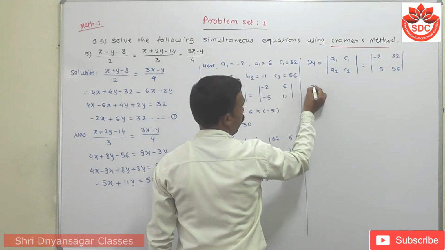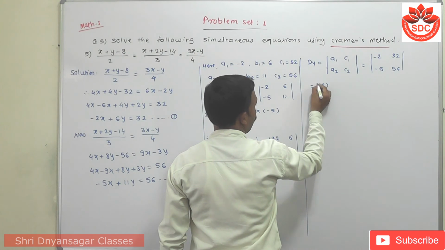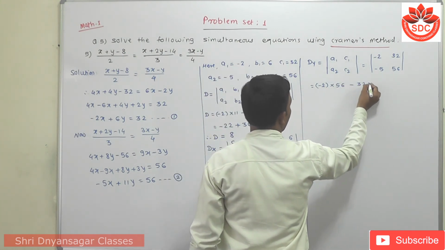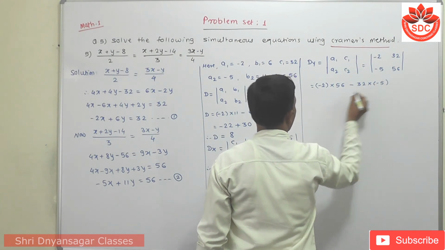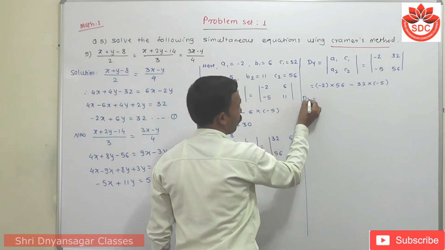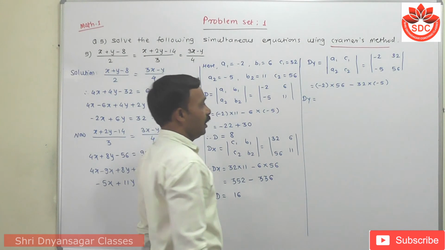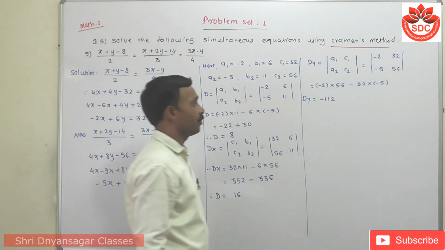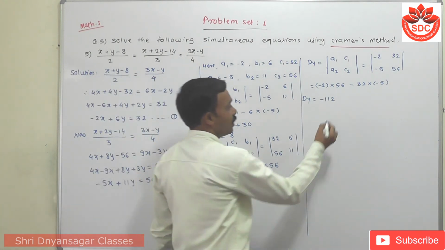Now we take its cross products. Minus 2 into 56 minus 32 into minus 5 is equal to: 56 2s are 112, there is minus. Then minus minus plus.